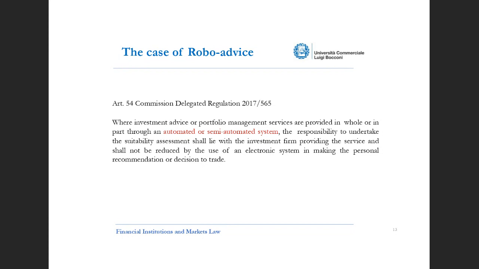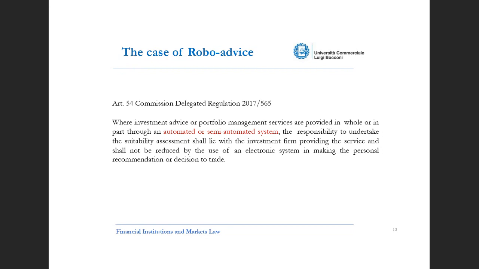And this is what you see on the slide. This is what Article 54 says, that it is up to the investment firm to ensure that the process, whether automated or semi-automated or not, is solid and does not have a negative impact on the protection of investor.